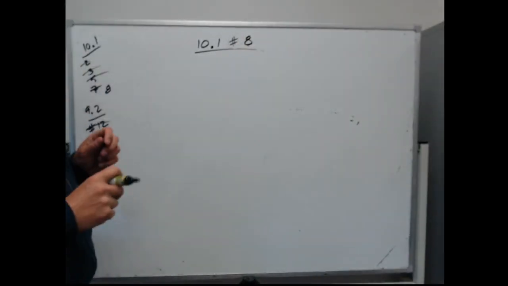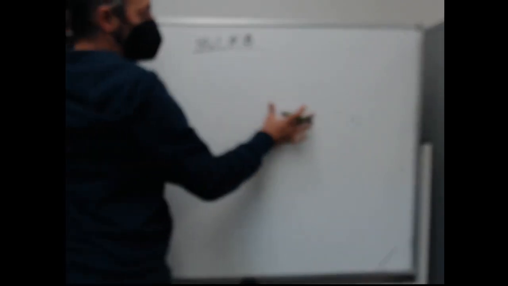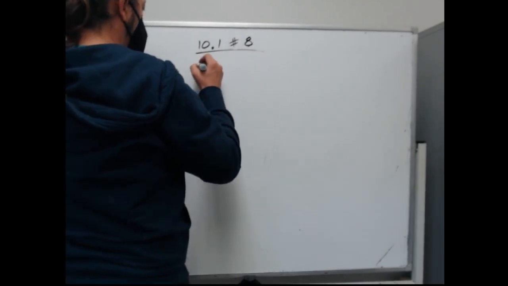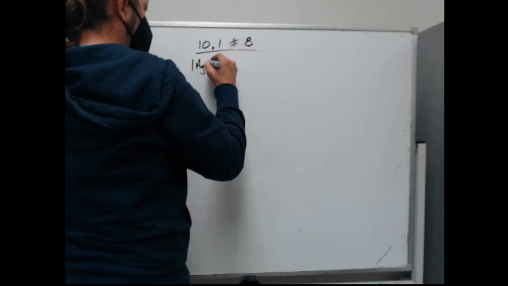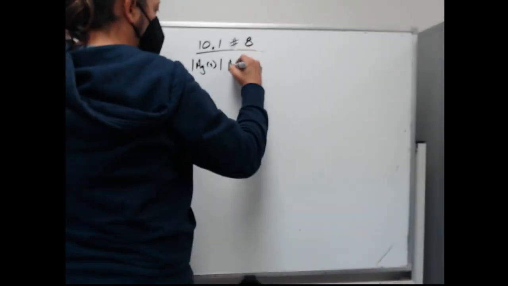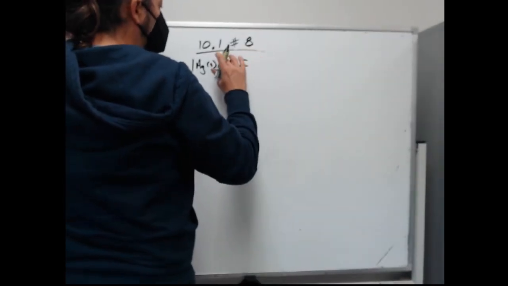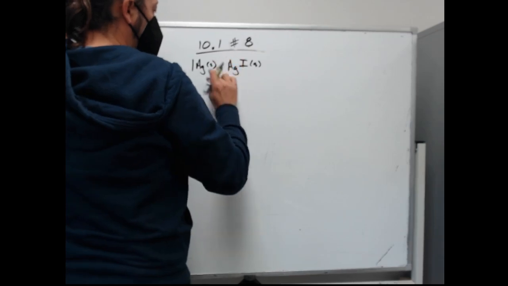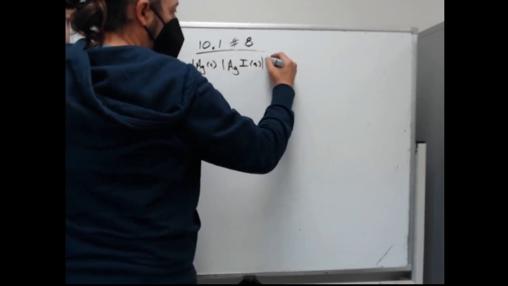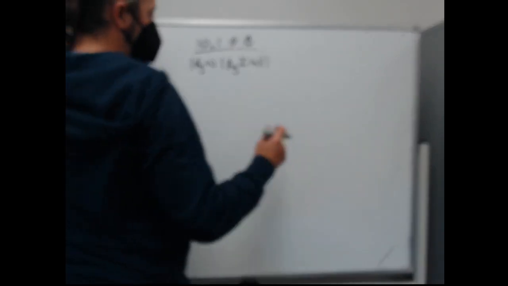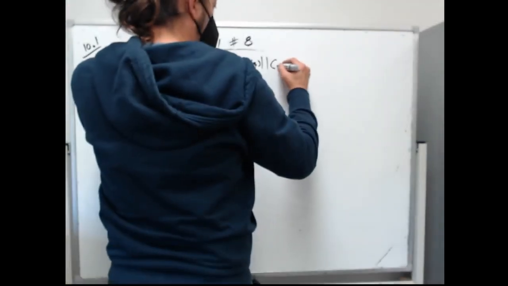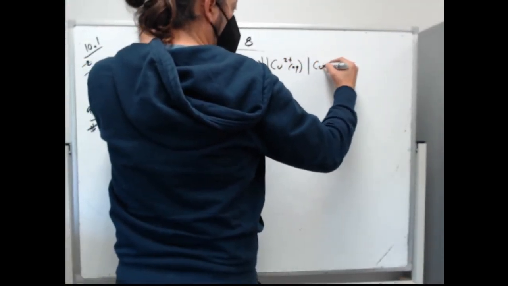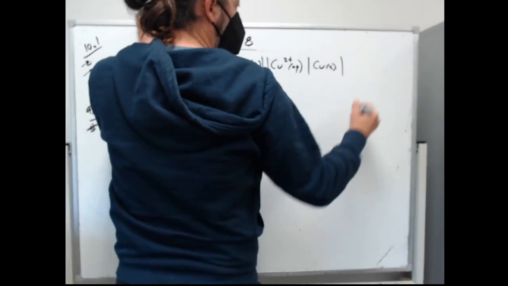Okay, what's number 8 have us do? Alright, so it's an E-cell question, or a cell potential question. So the cell is Ag solid, AgI solid, and that's the anode. And the cathode is copper 2 plus aqueous and copper solid, and the temperature is 298 Kelvin.